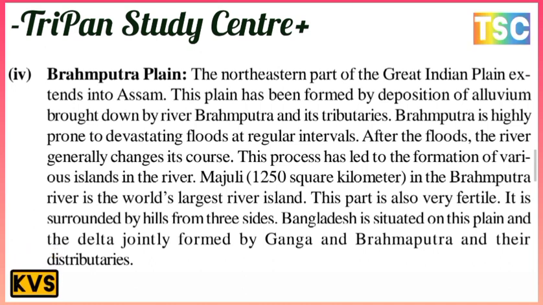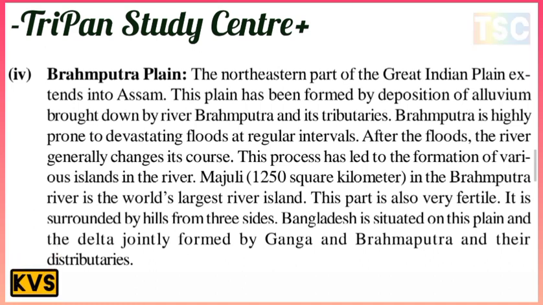After the flood, the river generally changes its course, and this process has led to the formation of various islands in the river. Majuli, of 1,250 square kilometers in the Brahmaputra river, is the world's largest river island. This part is also very fertile.